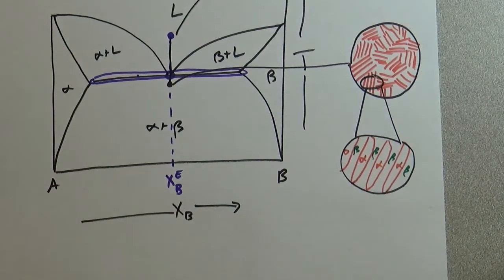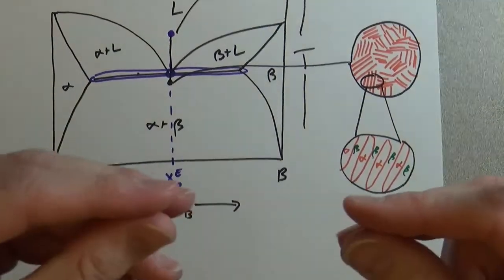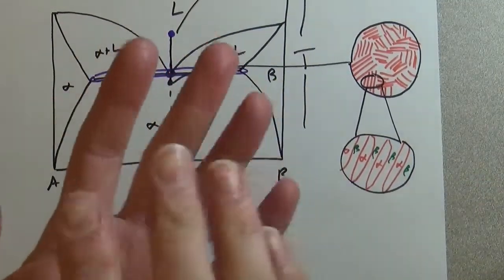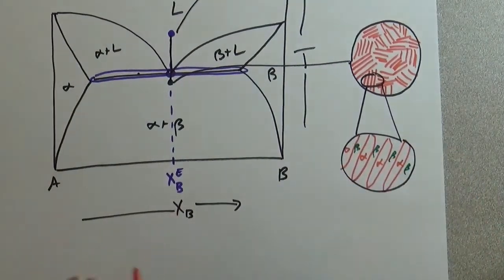And it doesn't always have to be stacked plates. You can also have little rod-like structures of alpha going through a beta matrix. But regardless, it's an alternating structure, and this alternating structure is going to give us a segregation of the composition.